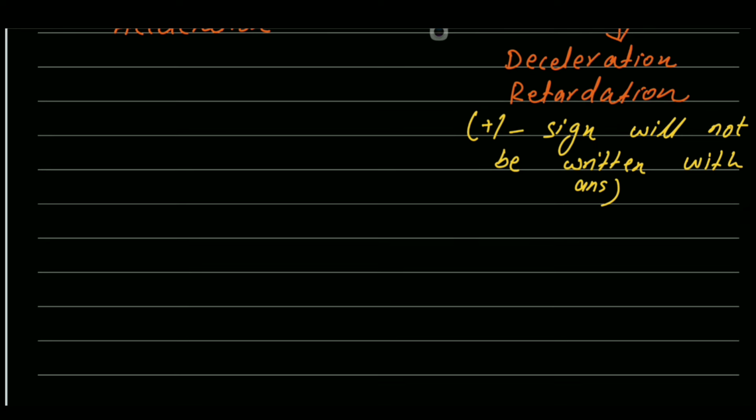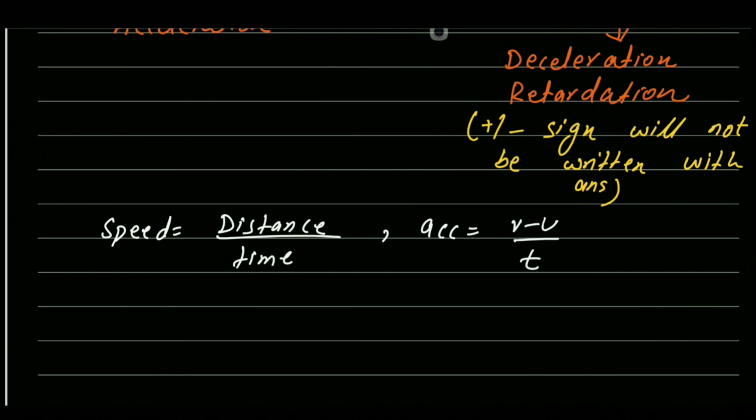So we have studied two formulas. Speed is equal to distance over time, and acceleration is equal to v minus u over t.